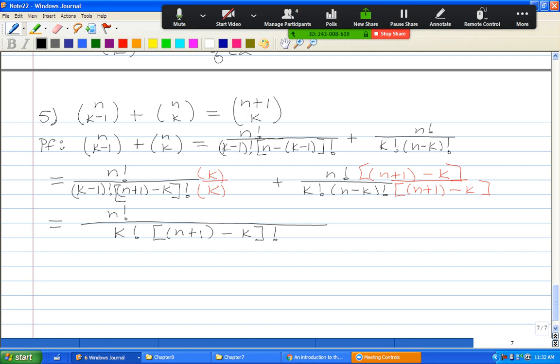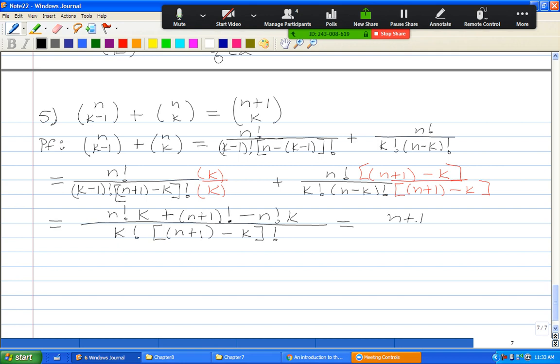This is just n factorial times k. Whereas this is just, well, multiplying the n factorial inside, I get n plus 1 times n factorial, which is n plus 1 factorial, minus, well, n factorial times k. The n factorial times k's cancel.